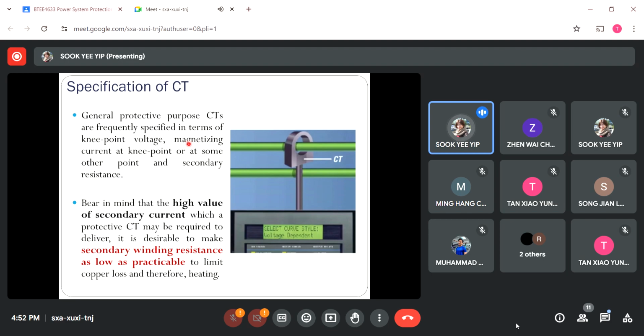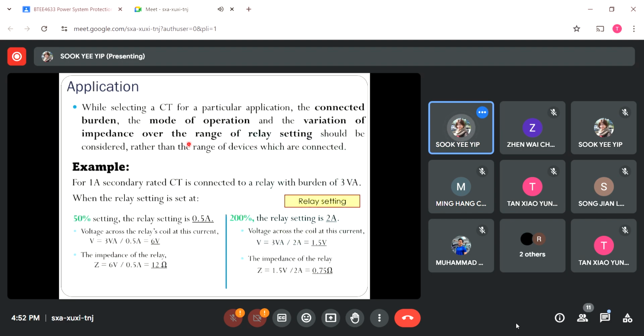All right, let's move on to the next slide. How can we make the correct selection of the current transformer? Depending on the application, it is important to consider different factors. The first is the burden to be connected at the secondary side. The second is the mode of operation for these protections.